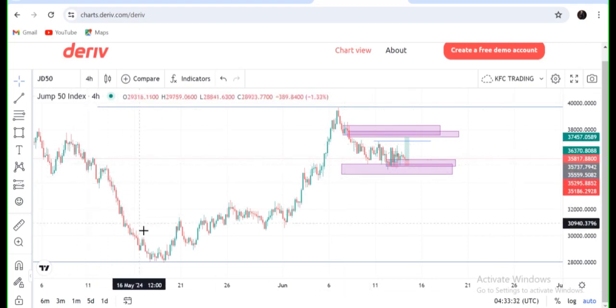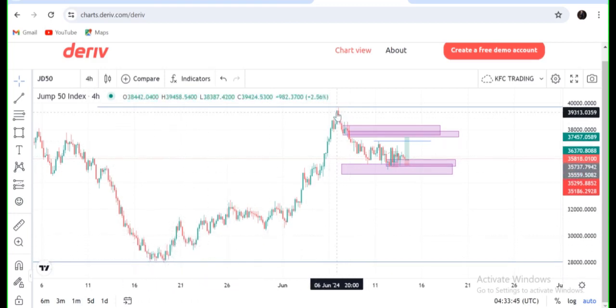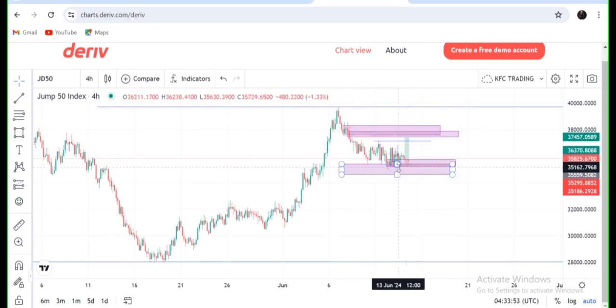So I've been looking at the expansion and the accumulation. I looked at this accumulation and then this expansion. This gave me the confirmation for the reversal, and then this was more like a retracement, and right now I'm looking at another accumulation and I'm expecting an expansion.